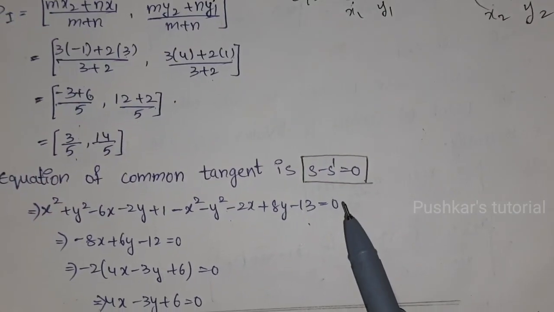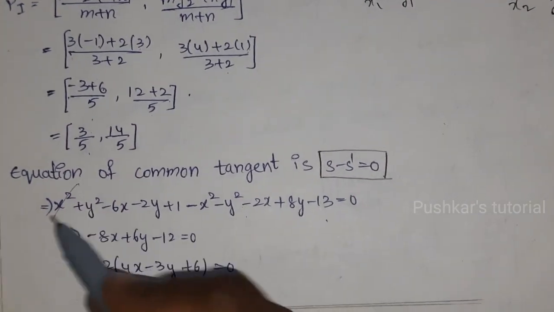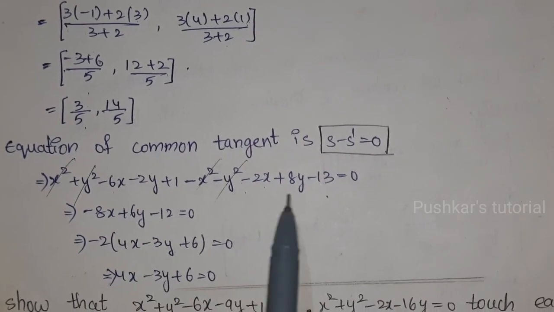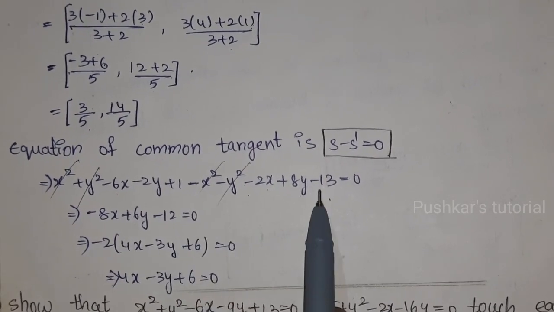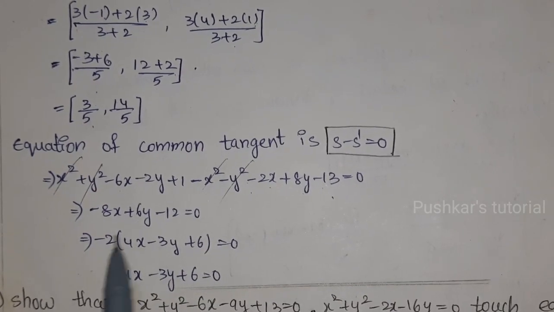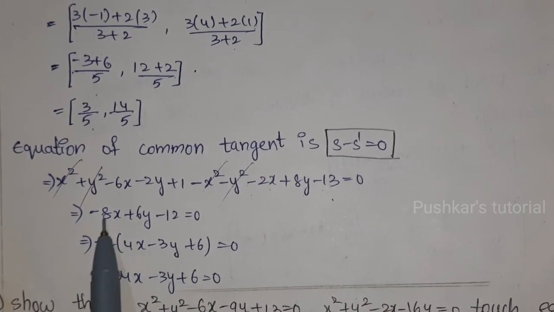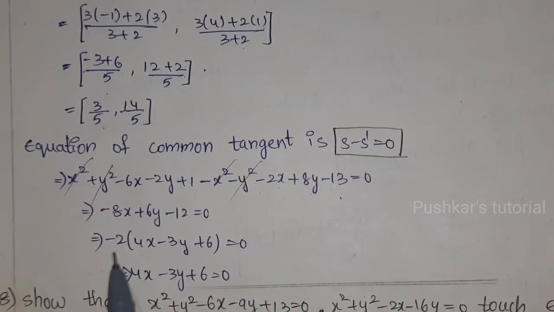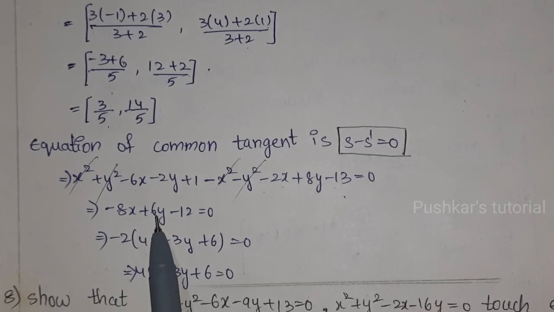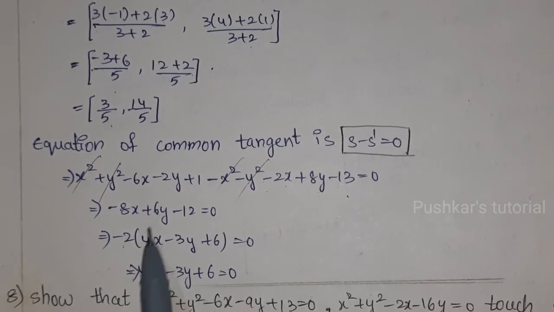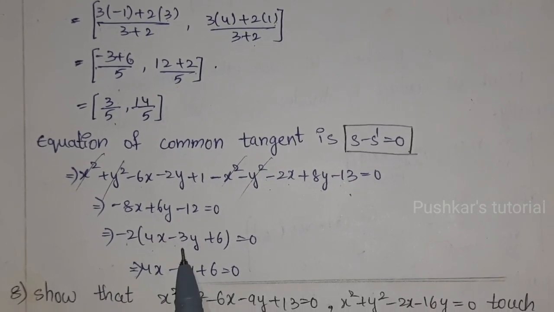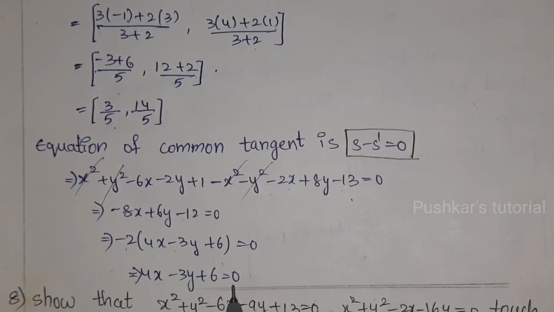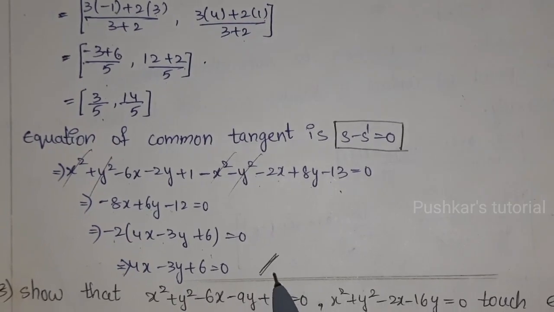So x square cancels, y square gets cancelled, leaving -8x + 6y - 12 = 0. So common 2 in the table, but keep the x coefficient positive, so take -2 common. Minus 2 fours are 8, minus 2 threes are 6, and 2 sixes are 12. Therefore this is the equation of the common tangent.